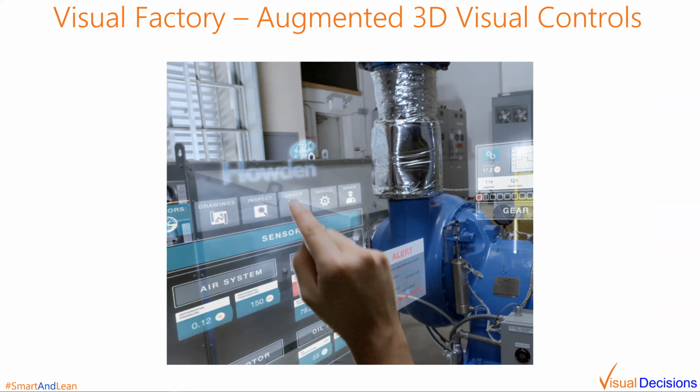Sometimes this is just kind of a wow factor, but sometimes there are many additional things that you can do with these augmented controls that you can't do with a physical control panel. In terms of the displays, being able to overlay alerts and understanding how the machine is working and so forth, you have those capabilities with the glasses that you just don't have with a flat screen or traditional displays.